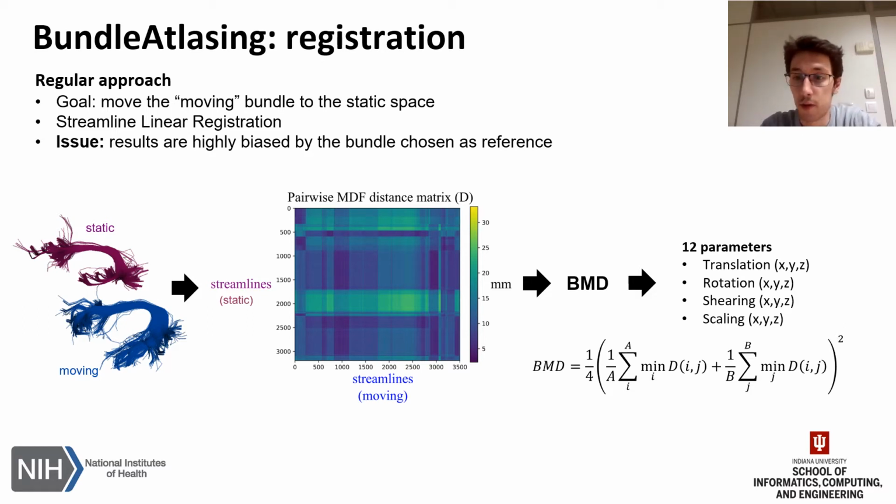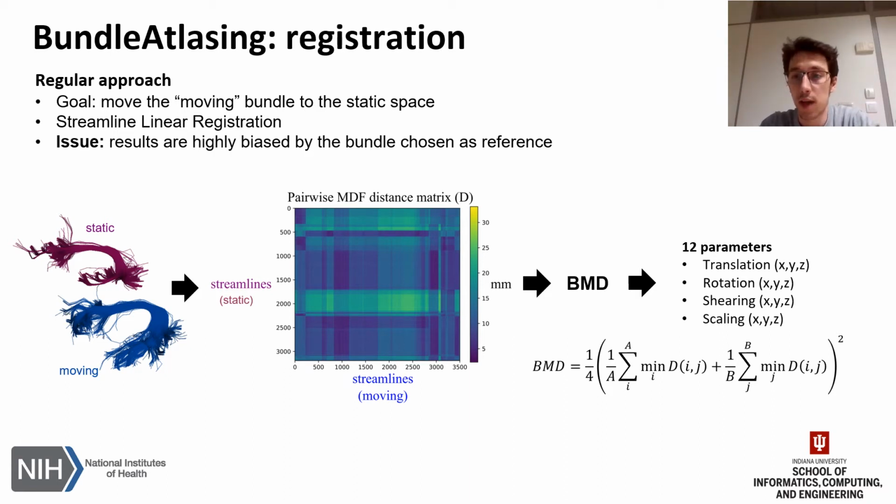This is the regular approach used for registration, but it has a problem when trying to build an atlas. It's that this approach is designed to move one bundle to the other. So we are assuming that the static bundle is a good reference for registration, and of course the results will be highly biased by the bundle we chose as static, since that's indeed the whole purpose of the method.